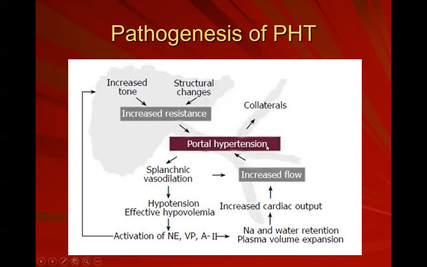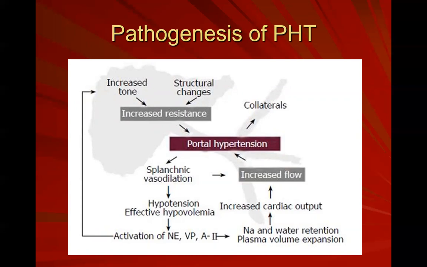So as a result of the portal hypertension, there would be an increase in pressure in the portal vein. And then there would be splenic vasodilation. As a result, there would be systemic hypotension and effective hypovolemia. And due to this, there would be an increase in norepinephrine and vasopressin in order to cause systemic vasoconstriction.